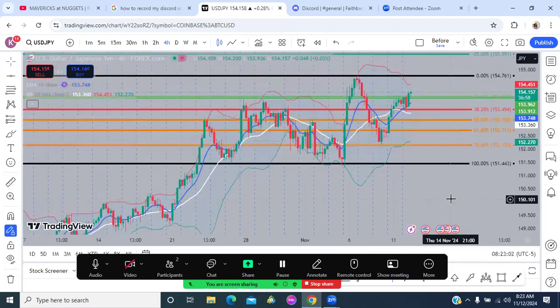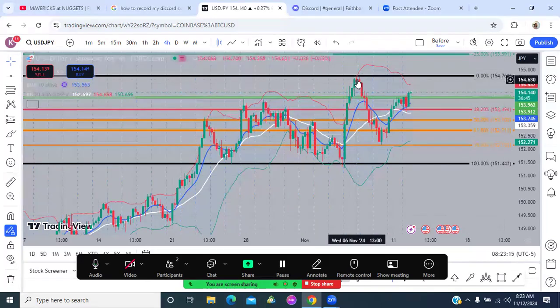Now, guys, if I was in this trade, which I was, from here, 151.50, all the way up to 154.85, that's over 320 pips, Brian, over 320 pips. And that happened within 24 hours, okay?